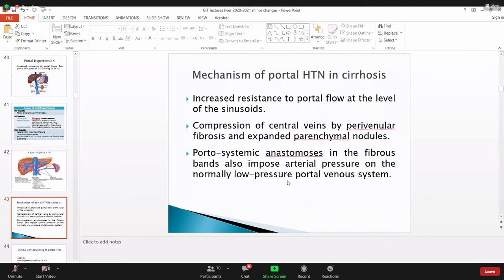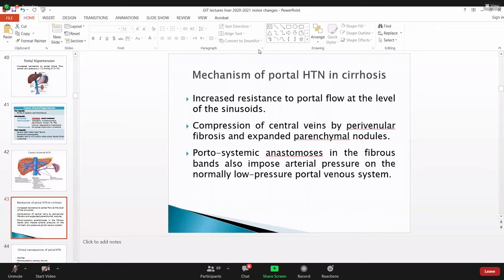Portosystemic anastomosis and the fibrous bands also impose arterial pressure on the normally low pressure portal venous system. زي ما حكينا، لما يصير في cirrhosis the whole vasculature will be abnormal. بيصير في flow from the high pressure into the low pressure, من ال systemic circulation backwards into the portal vein, and from the hepatic artery into the portal vein inside the liver. كل هذا it contributes to the hypertension or portal hypertension, elevation in the pressure.